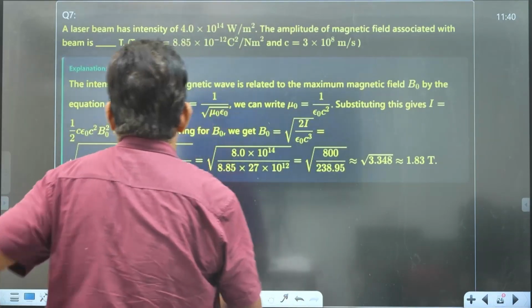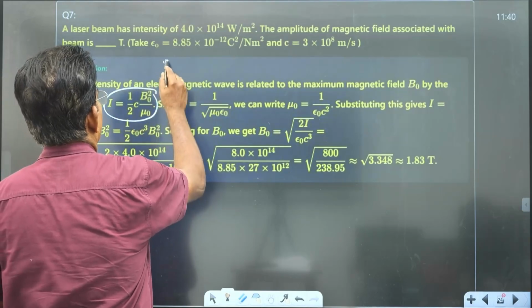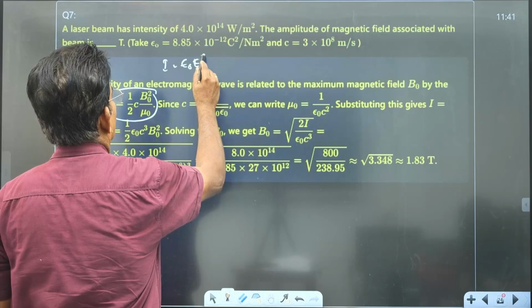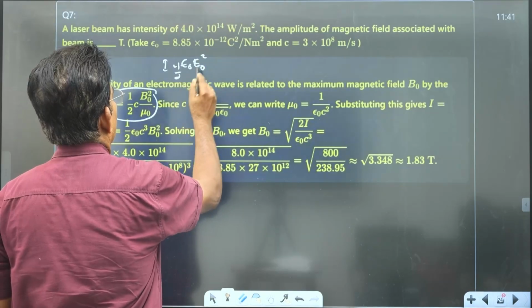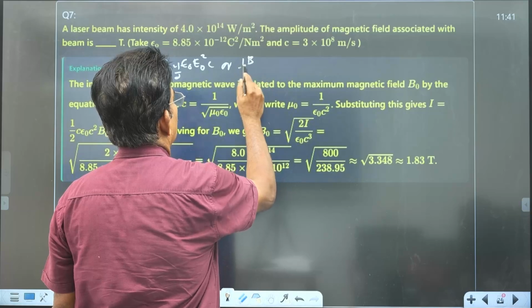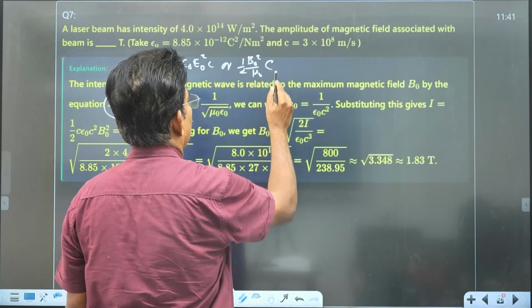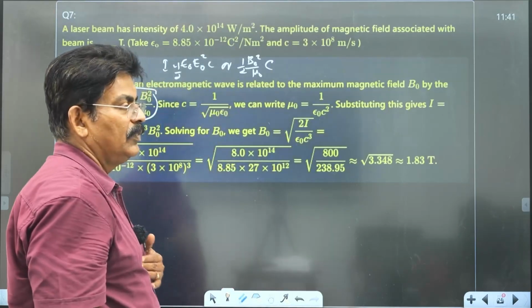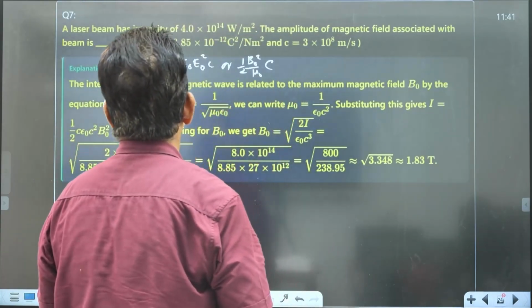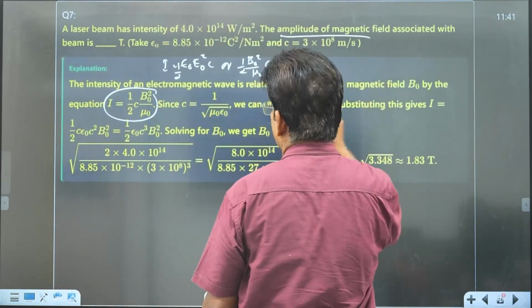Intensity will be given by half epsilon 0 E0 squared into C, or 1 by 2 B0 squared by mu 0 into C. Both are the same, isn't it? We want the magnetic field amplitude B0, so we prefer this formula.